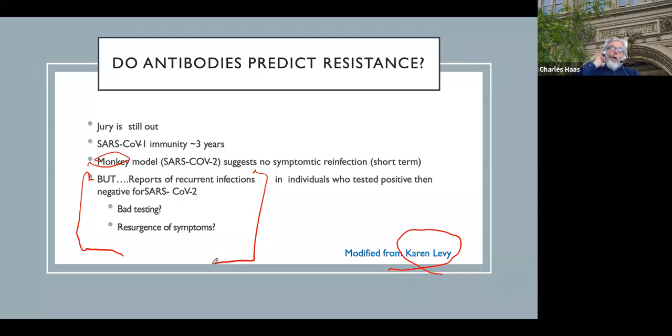We don't know whether this is due to a testing error or actually resurgence of symptoms, and stay tuned for more data on this point. This is clearly going to be important to know if the idea of giving people, as has been reported in the press, some certificate of immunity is one means to talk about reopening parts of the US.